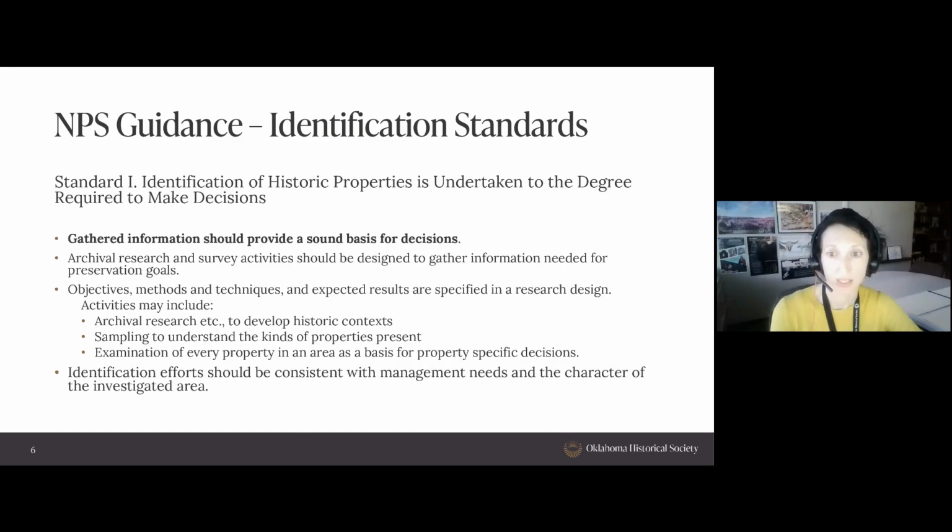Objectives, methods, and techniques, and expected results are specified in a research design, and activities may include archival research, for instance, to develop historic contexts, sampling to understand the kinds of properties present, examination of every property in an area as a basis for property-specific decisions. And then identification efforts should be consistent with the management needs and the character of the investigated area.